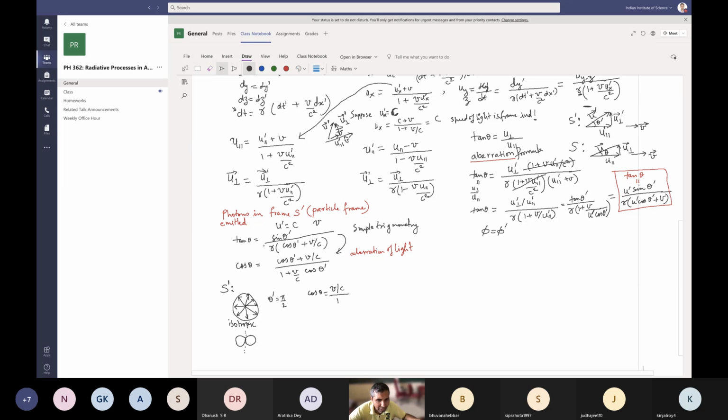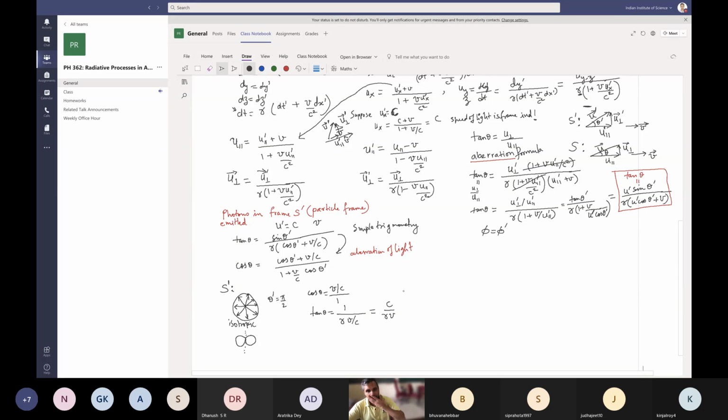Or we can also write tan theta is equal to sine pi by 2, which is 1, divided by gamma V by C. So tan theta is equal to C by gamma V.